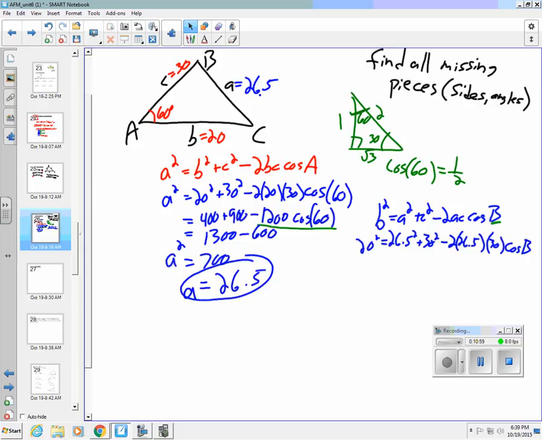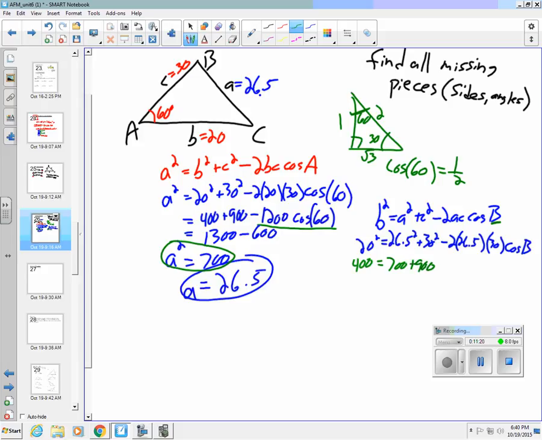Everything else from here on out we just need to simplify. So we have 20 squared is 400, equals 26.5 squared. That was a squared we had from the previous problem, which was 700.